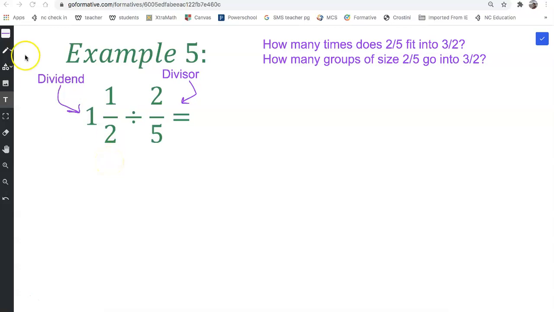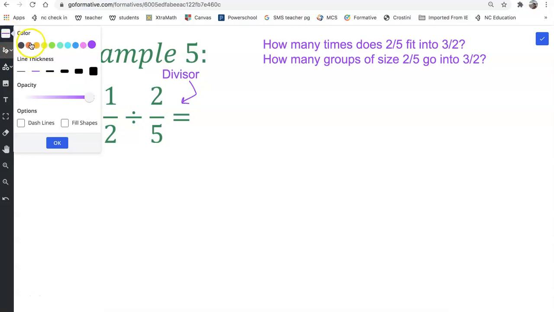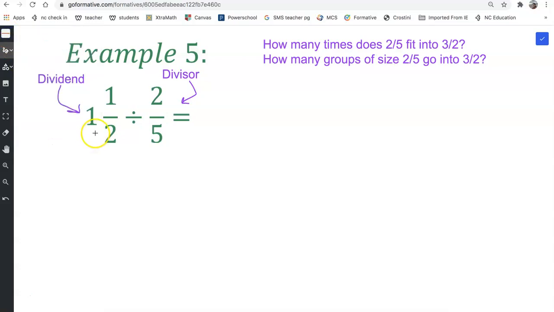So to do that, I'm going to grab my scribble tool, change colors, and show that the first step is to multiply the whole number 1 by the denominator 2. And that gives me 2. Then I add the numerator to that.